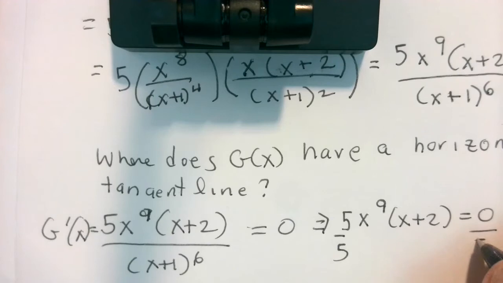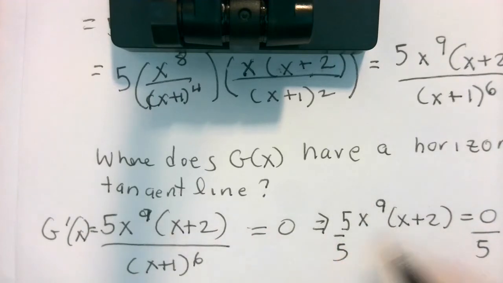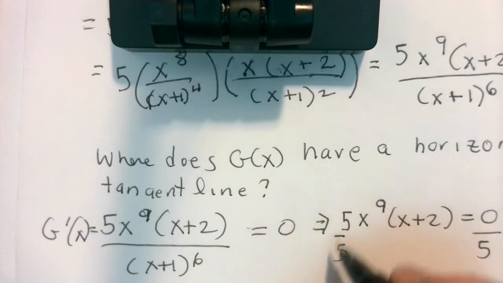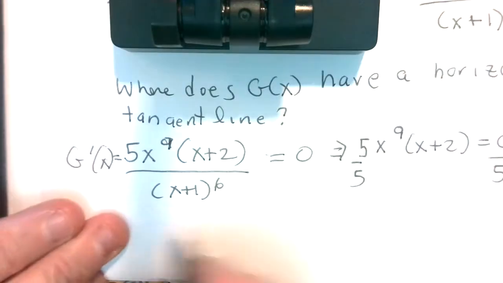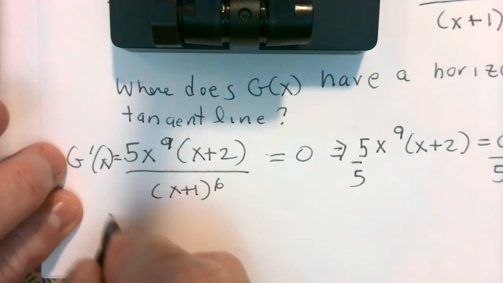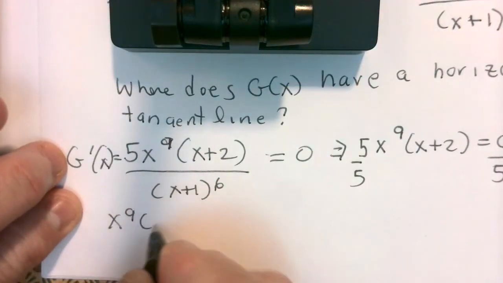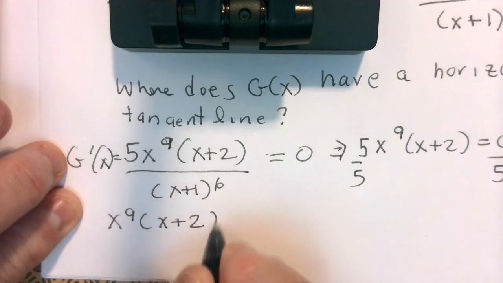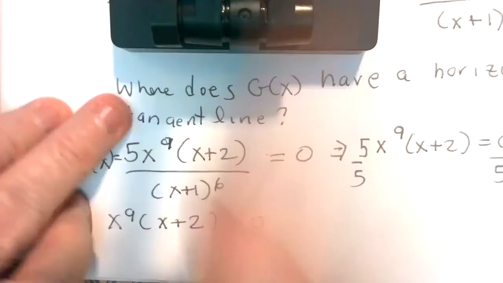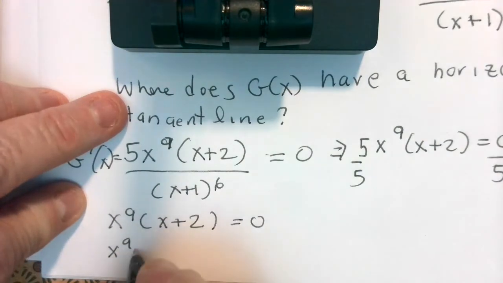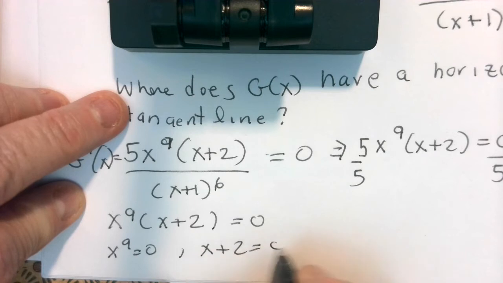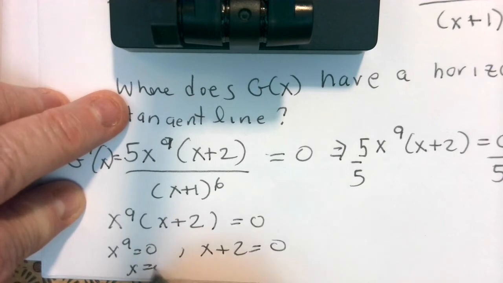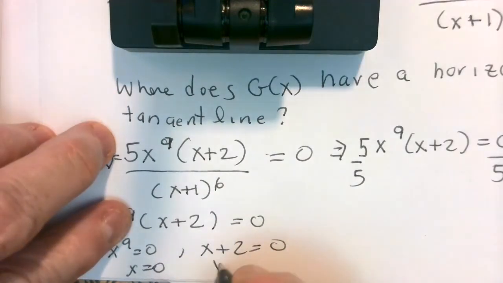Now I can't divide by x because x could be 0, and that is one of the solutions. But I can get rid of the constant here. So then what I have is x to the 9th times x plus 2 equals 0. And then using the zero product property, I'm going to get my two answers, x equals 0 and x equals minus 2.